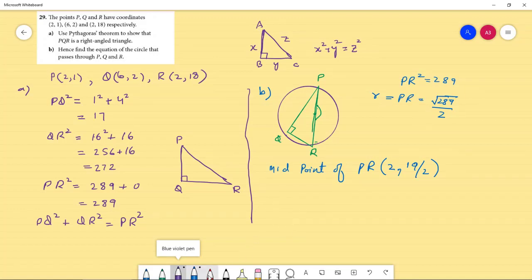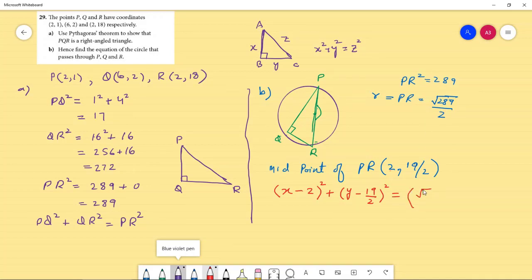So how can we write the equation of the circle? x minus a, that is x minus 2, whole square, plus y minus 19 by 2 whole square is equal to r square. Now this is r.